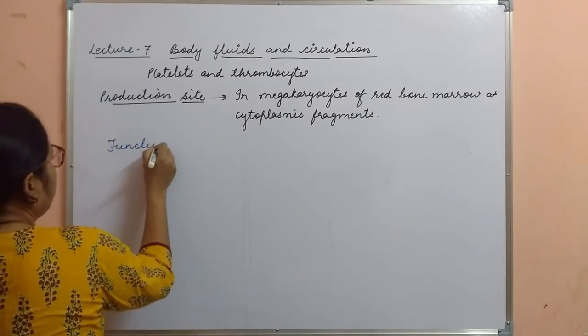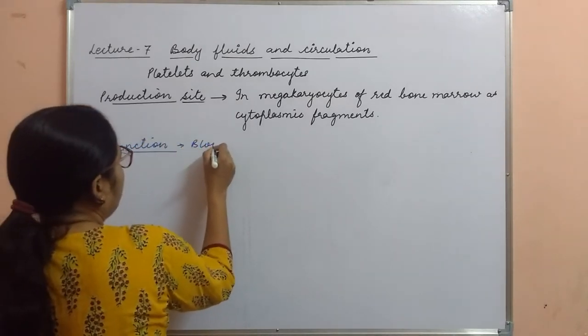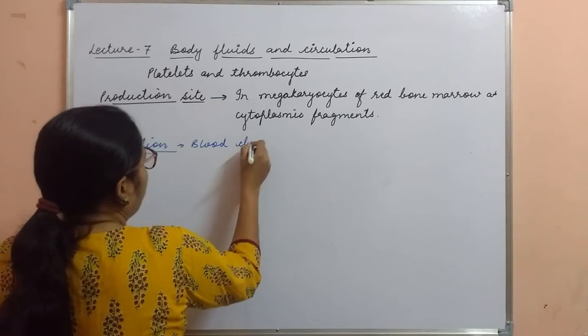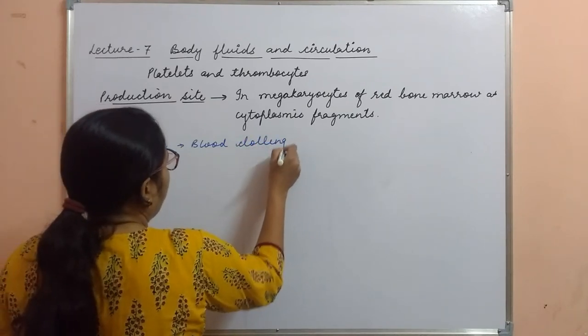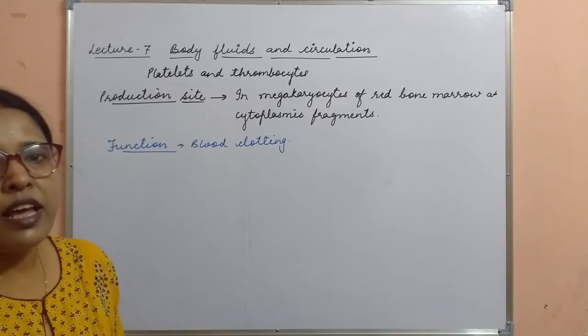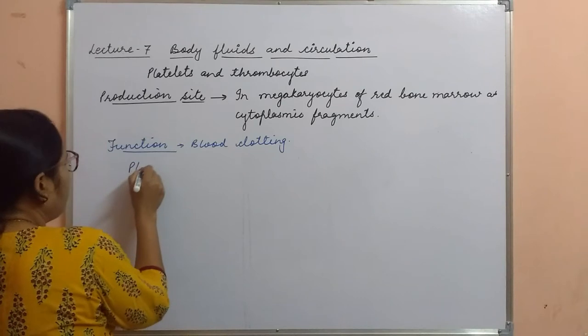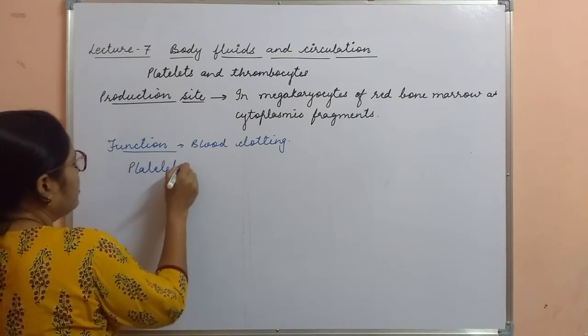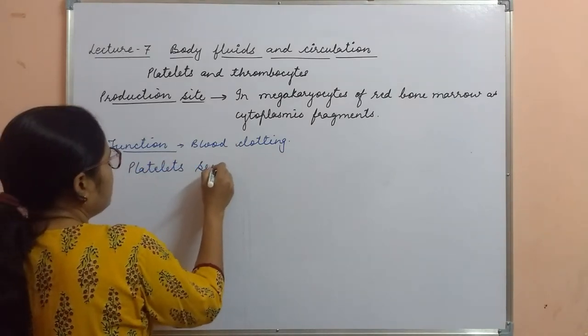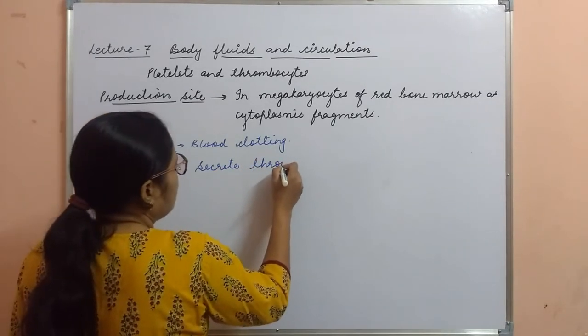The important function of platelets is blood clotting. It is responsible for the formation of a blood clot. Clear? When an injury takes place, it helps in the secretion of thromboplastin. So platelets secrete thromboplastin.